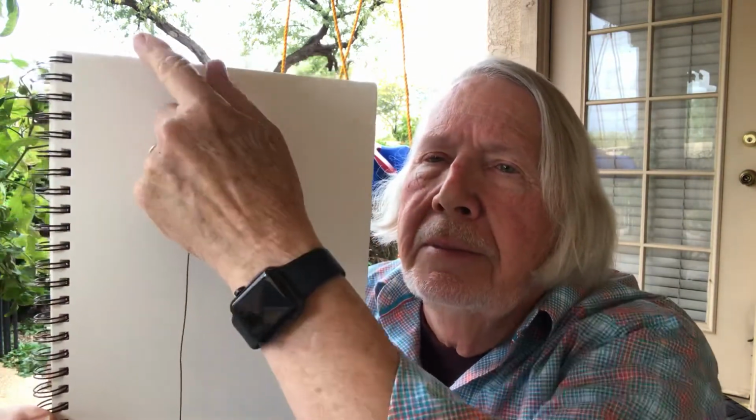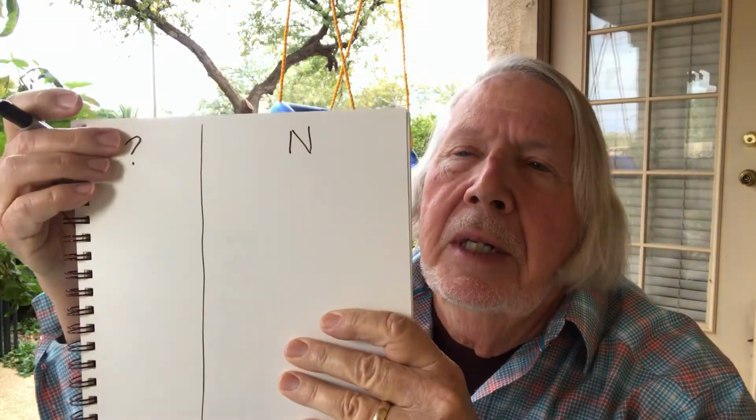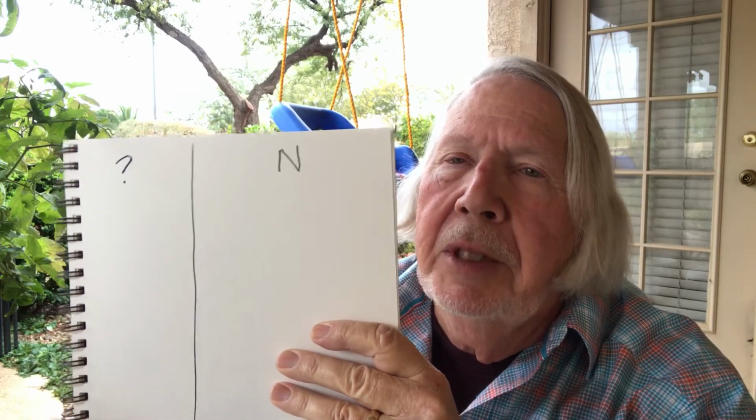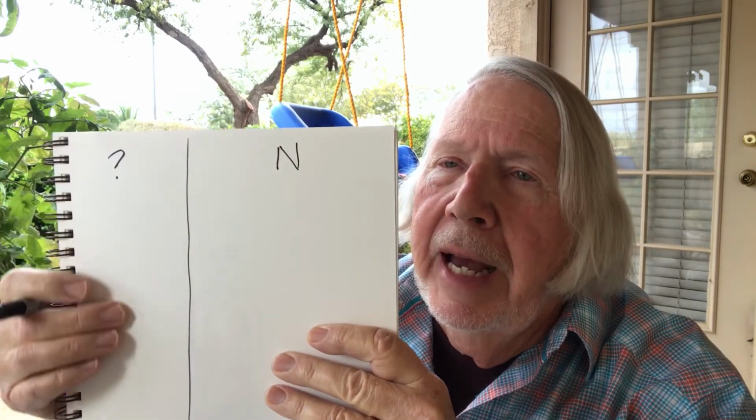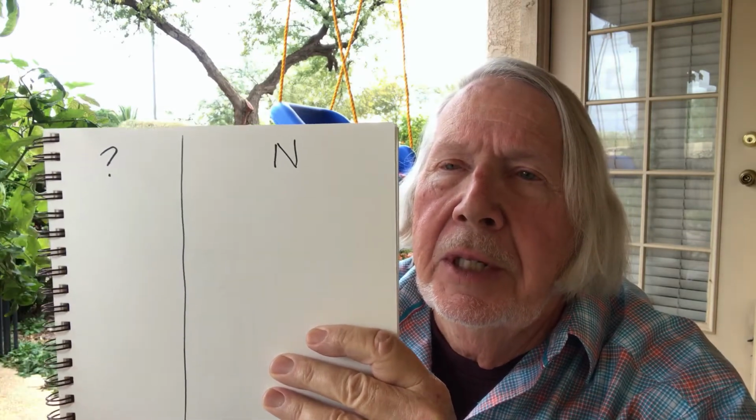about one third of the way in, you draw a vertical line. Okay, so over here on one side, you're going to put a question mark, and this is for questions and comments that pop up in your brain as you are actively watching or actively reading your book.